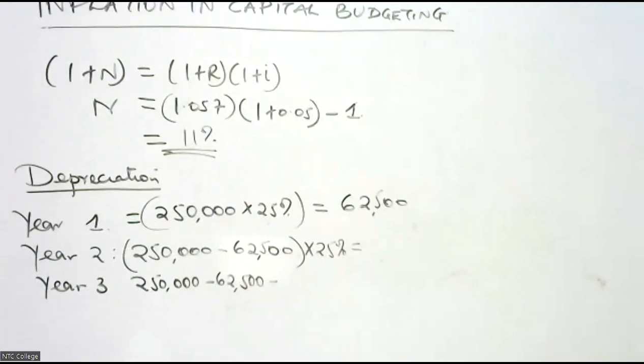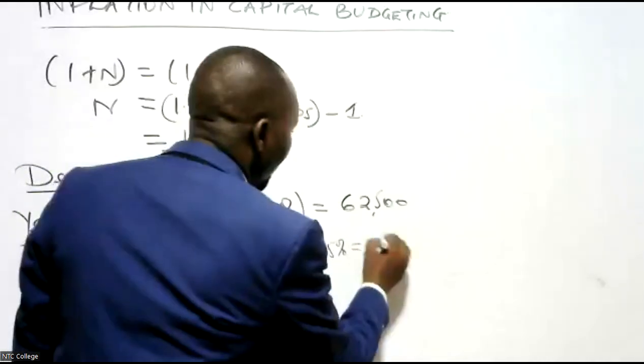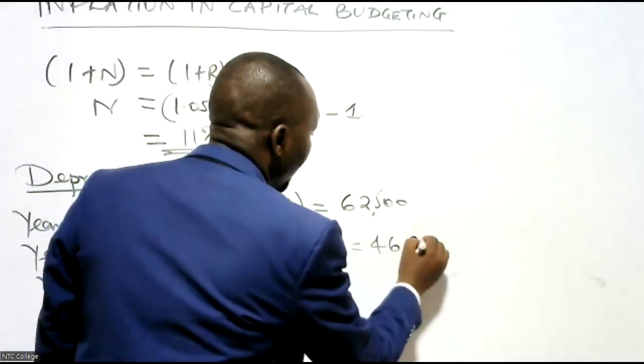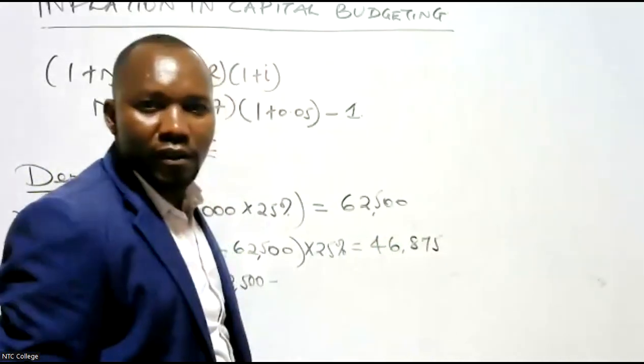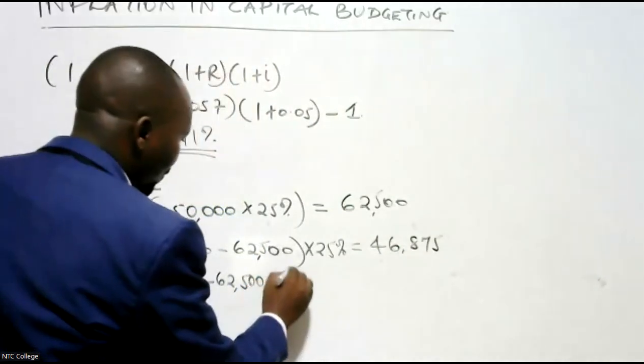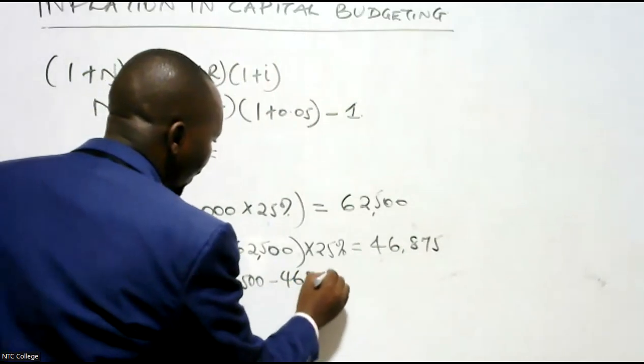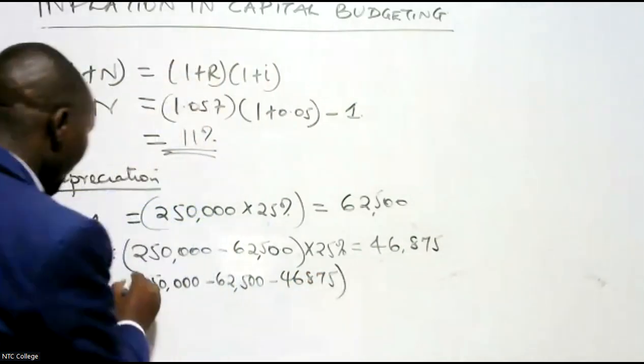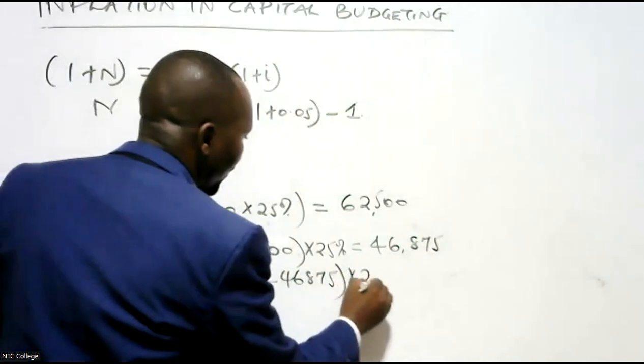Thank you. So we are having 46,875. So now this one minus 46,875. The answer that we're going to have here, multiply by 25%.